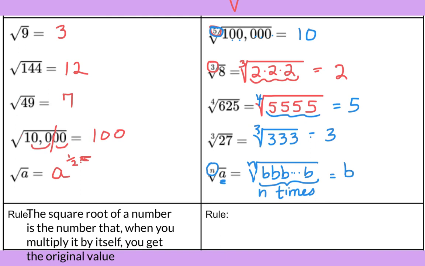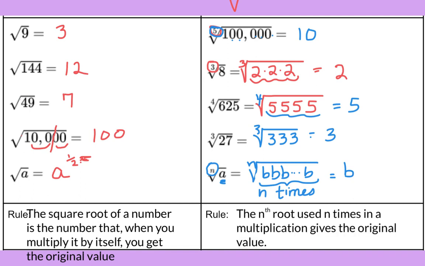So you're looking for a group of the same number of things that many times. All right, I Googled the definition. Google gave me: the nth root used n times in a multiplication gives the original value. Again, we're not going to focus on this. We do not have time this year, but if you ever run across that symbol, that's what it means.